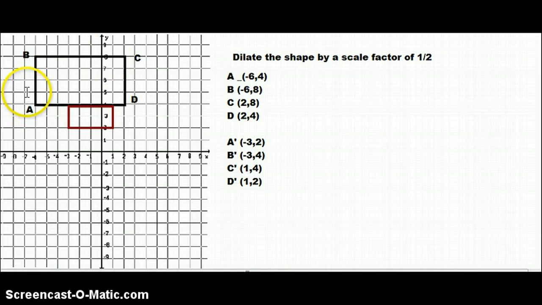Our first one had a height of 4 and a width of 8. 4 times 8, the area, would be 32 units squared. Our second shape has a height of 2 and a width of 4, which would give us an area of 8 units squared.